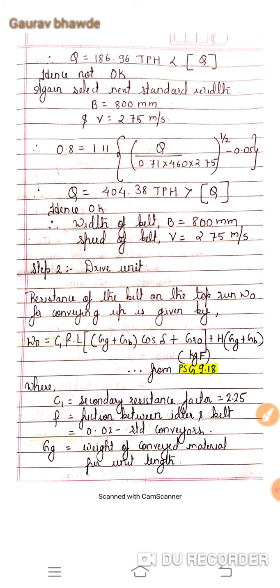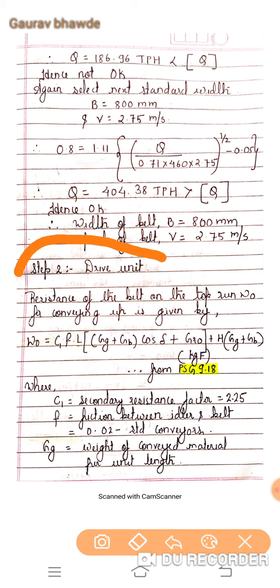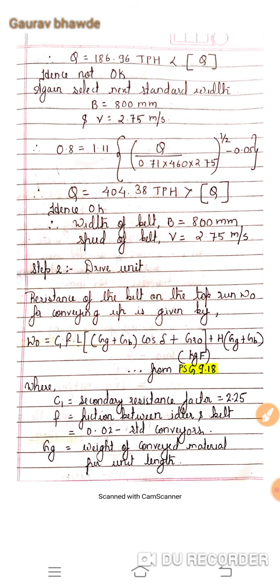Step number 2, drive unit, or the power required to drive the unit. First we will be seeing resistance of the belt on the top run, denoted by W naught, for conveying up.